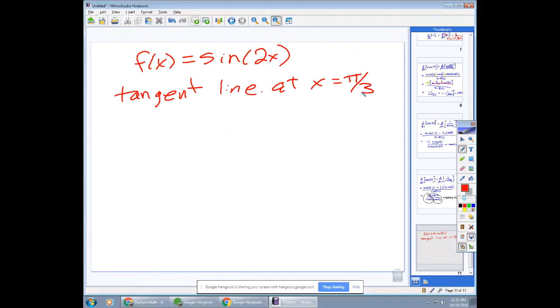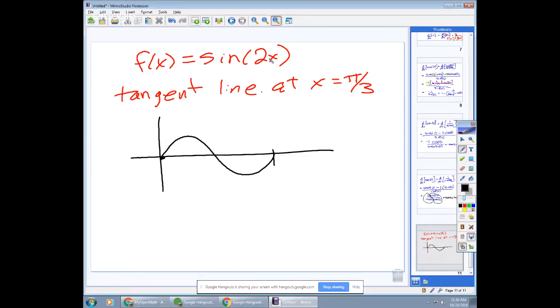Yes, I thought that was a cute one. So just a quick sketch of this before we act on it. If you were to graph the sine, it normally starts here and it scoots up and goes down and goes back up and it just repeats that cycle over and over again. Normally the period is 2 pi, but since I have a multiple of 2, that cuts the period in half.